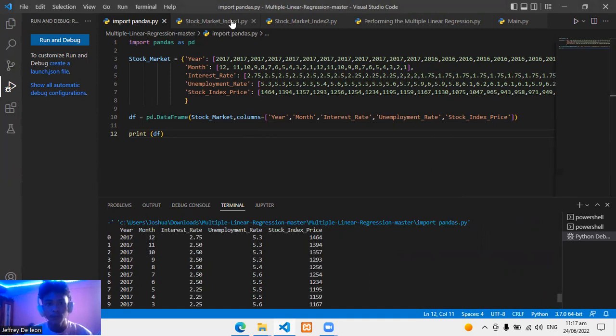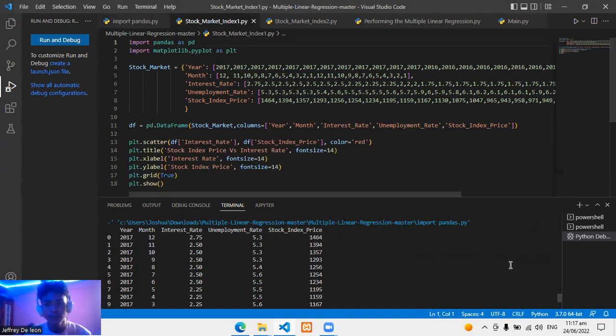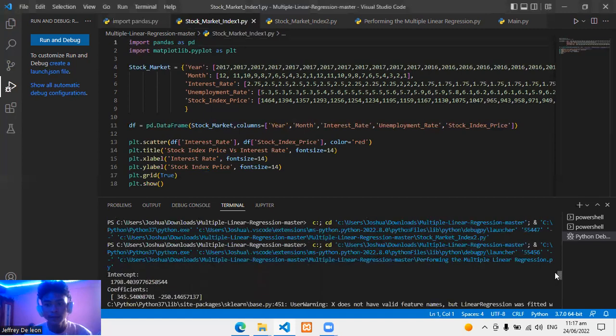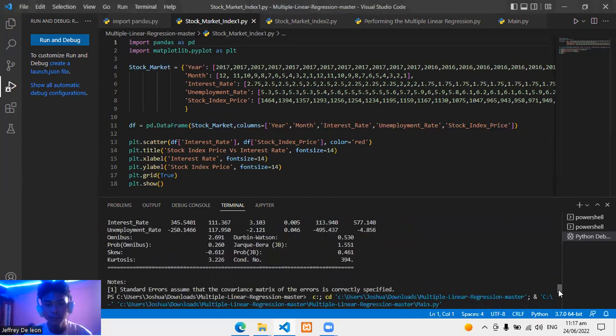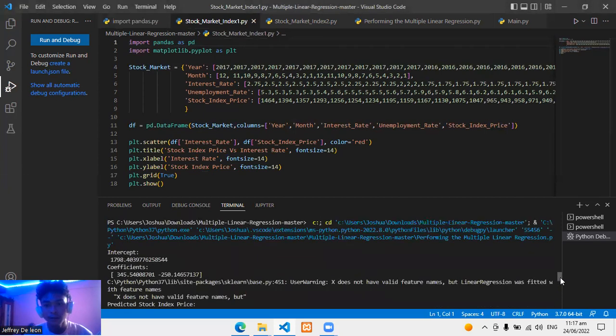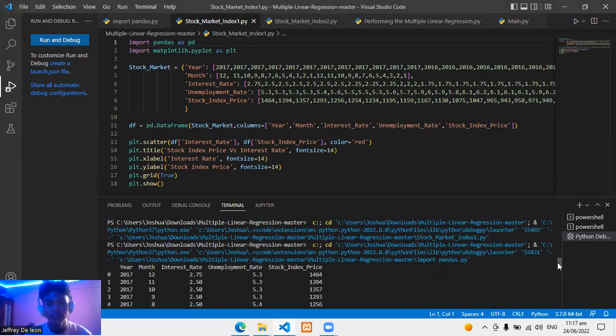So next codes is by checking the linear relationship of our independent variables. The first linear relationship na i-check natin is yung between sa stock index price and in our interest rate.